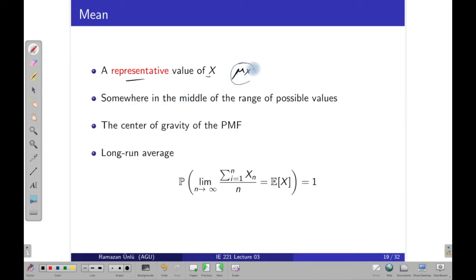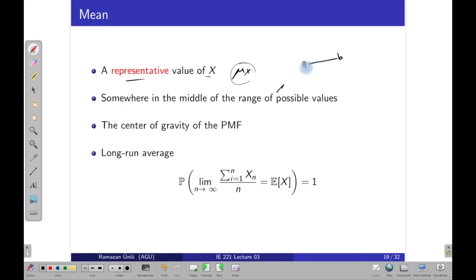This expected value of x will be somewhere in the middle of the range of possible values. So this is inherently true, right? Because let's say the values you get range between a and b.